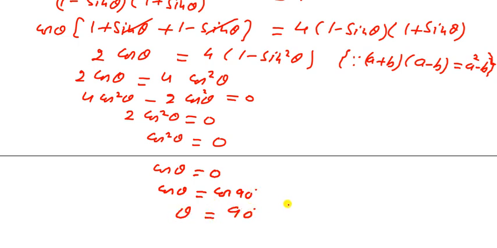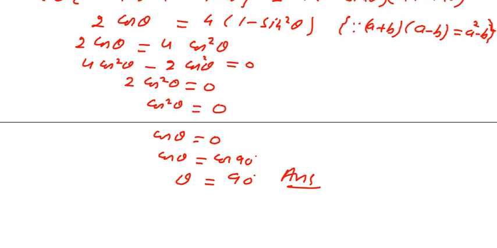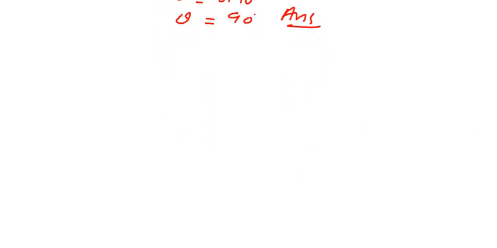Cos theta is equal to 0, then. So you can say cos theta is equal to cos 90 degrees. So theta becomes 90 degrees. That is your answer.